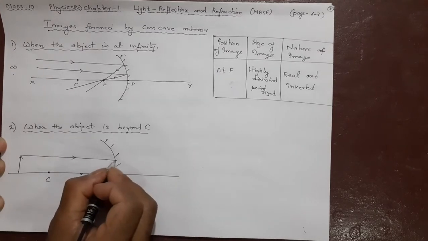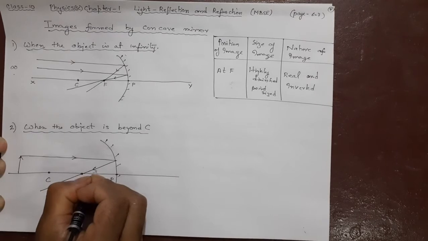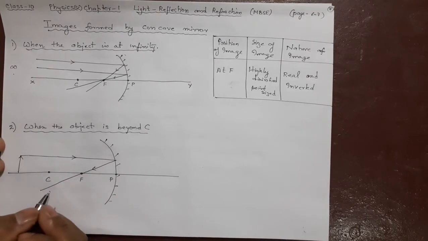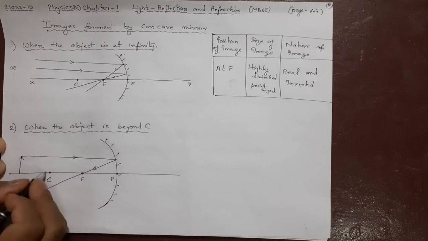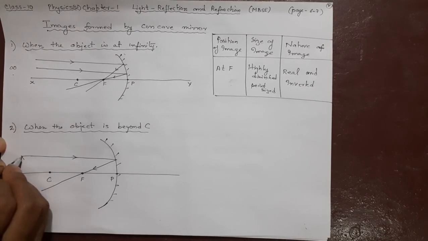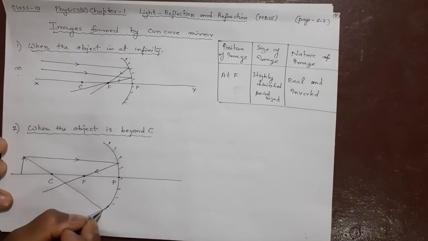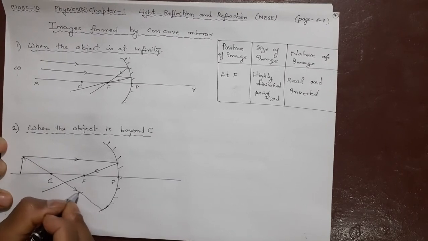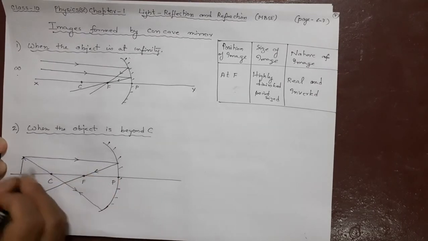Rule number 1, it will always pass through the focus. Rule number 3 I will use, not 2. Rule 3 says if you pass a line through the center of curvature, what will happen to the light rays? It retraces its path, it will go and come back. This is rule 3.